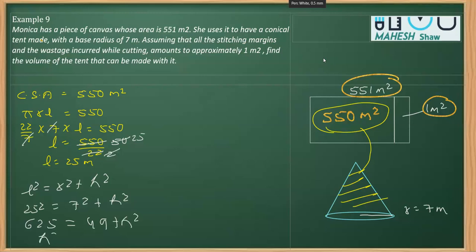So we'll transpose it and we'll get h square is equal to 625 minus 49, which is 576. Later we can say that h is under root 576, that is 24 meter.